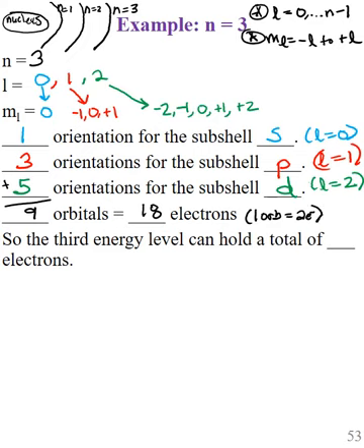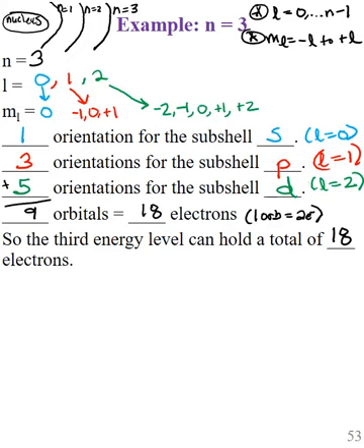So if you have 9 orbitals, 9 times 2 gives you 18. That means the third energy level can hold a total of 18 electrons. Again, if you go back in the notes and look at the n example, you will see that the third shell, the third energy level, can hold only 18 electrons.